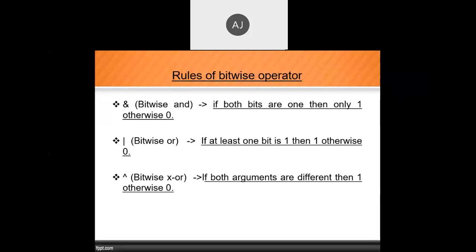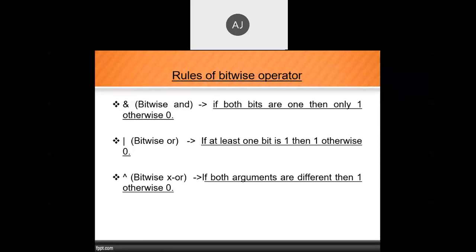Otherwise, the rest of all the bits give 0. So these rules are most important while learning the bitwise operator. Make a note of that. And these rules are the same as in other languages also: C, C++, and Java.